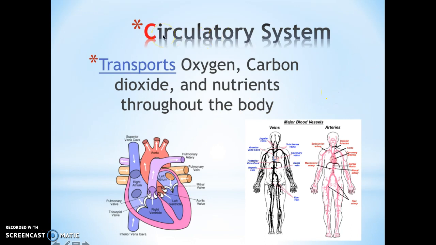So the first one that we have on the list is the circulatory system. The main job of the circulatory system is to transport oxygen, carbon dioxide, and nutrients throughout the body. So this body system basically consists of the heart, whose main purpose is to pump this blood and all of these molecules throughout your body. And then it consists also of the blood and the veins and arteries.